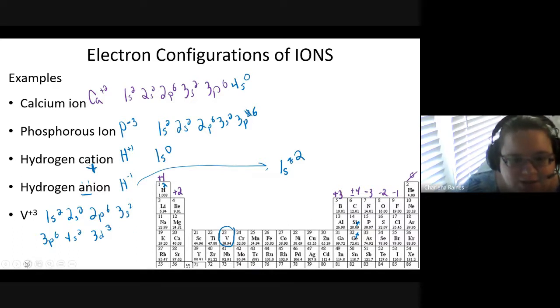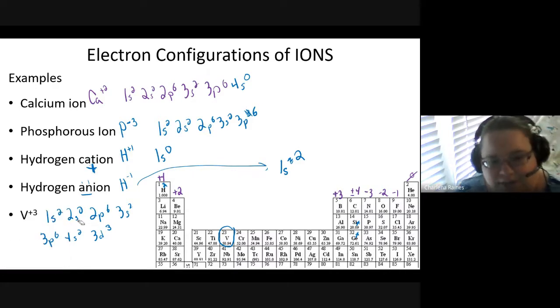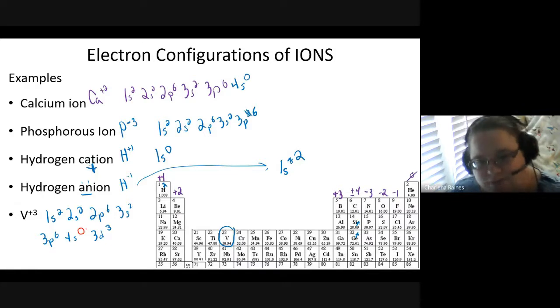So the electrons that we lose first are the electrons that are in the outer energy level. So vanadium is going to lose these 2 electrons in the 4s, because that is the highest energy level, before they lose any others. So we've lost those 2, but vanadium, being a transition metal, can form a +2, +3, +4, +5.